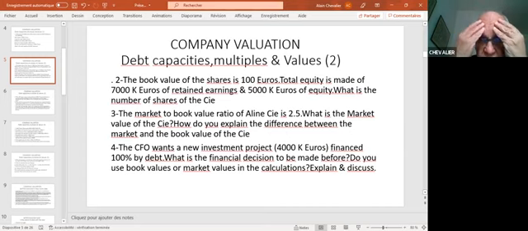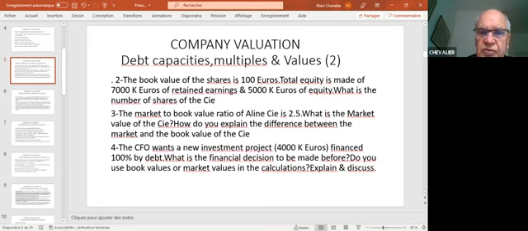For example, if we make an equity issue with a price of a share of 150, 100 for each share will be allocated to the equity level and 50 to the retained earnings level. So now, when we understand that, it's easy to calculate the number of shares, and the number of shares is found when you compare the level of equity and the book value of one share. That's what we did here.